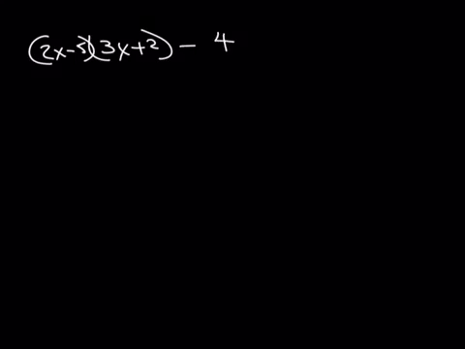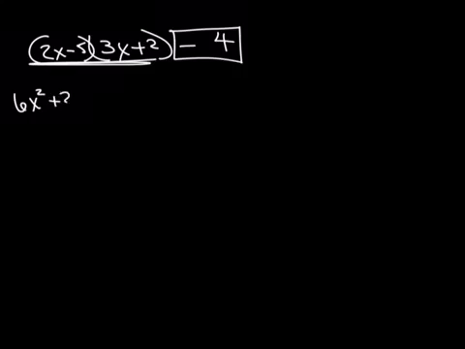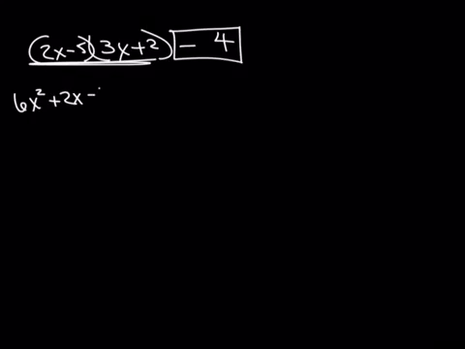Okay, so what do we do with this minus 4 here? Well, we do the FOIL method. So we get, I'm just going to do this real fast. Okay, oops, I guess I'm going too fast. This should be plus 4x, 2x times 2.